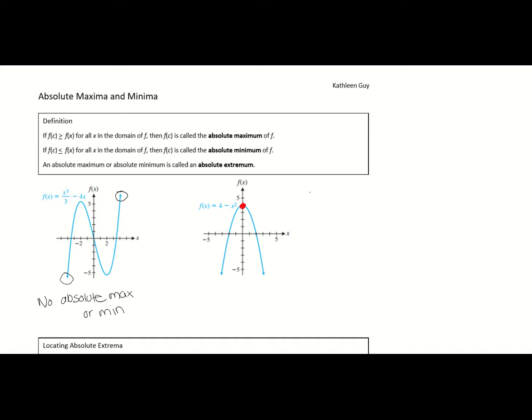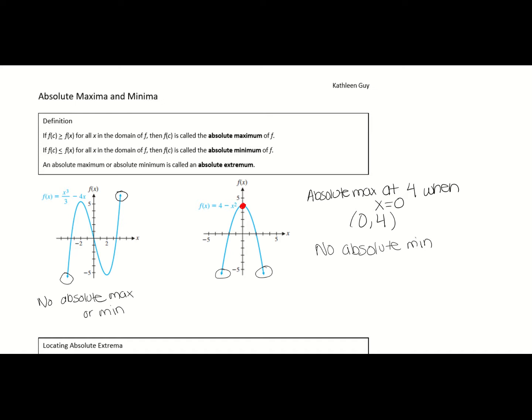So you have an absolute max at 4 when x is equal to 0. So at the point (0, 4). Now, because the graph is going to keep going down and it's going to continuously decrease to negative infinity, you have no absolute min. So hopefully that helps to see them side by side here.